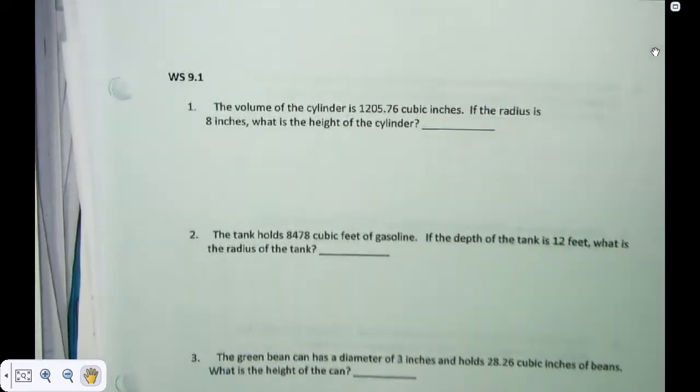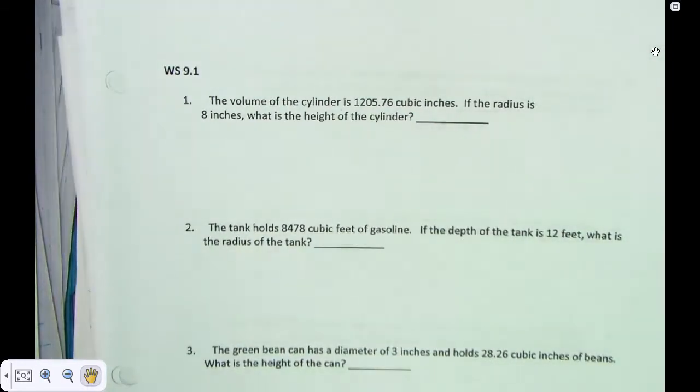Let's look at 9.1. For some reason, guys, on 9.1, first period had a hard time following along with me on how these should look. I don't know why.